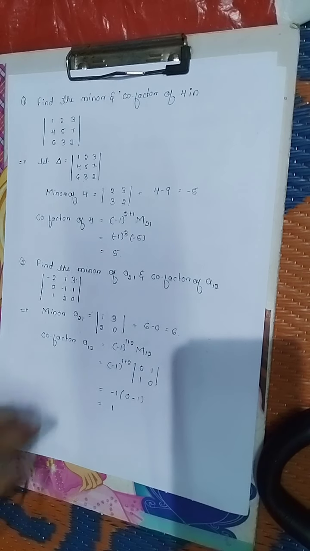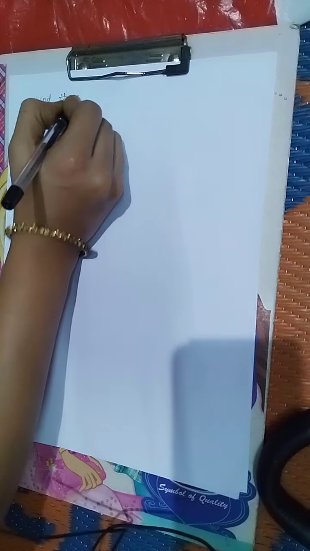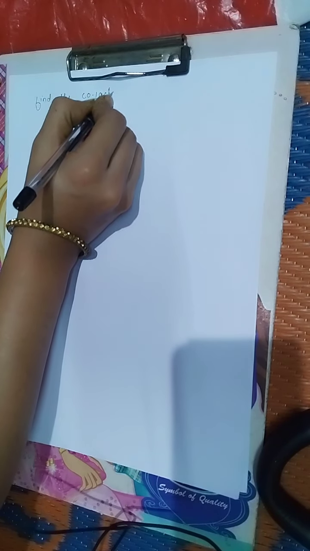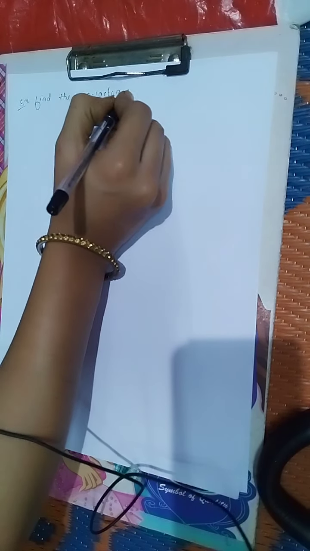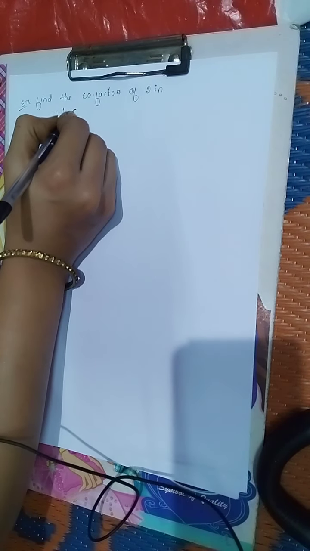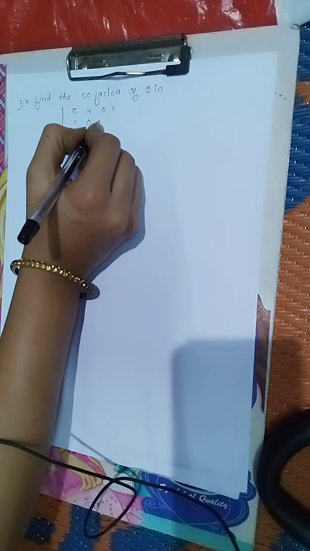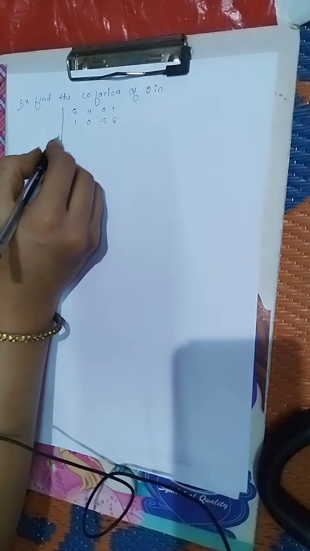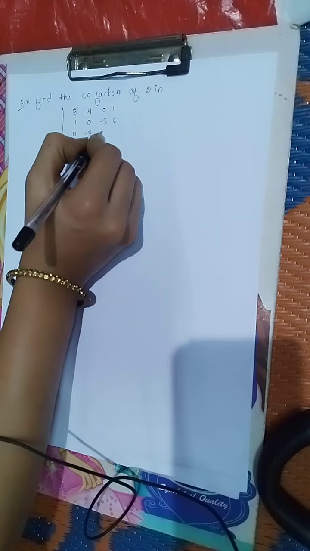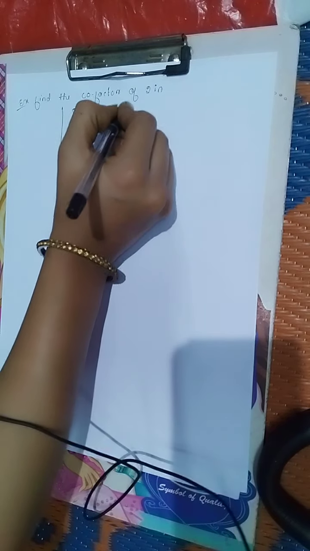The next example, find the cofactor of 2 in the given determinant: 5, 4, 0, 1, 1, 0, minus 5, 6, 0, minus 3, 2, 0, minus 10, 6, 1, 4.